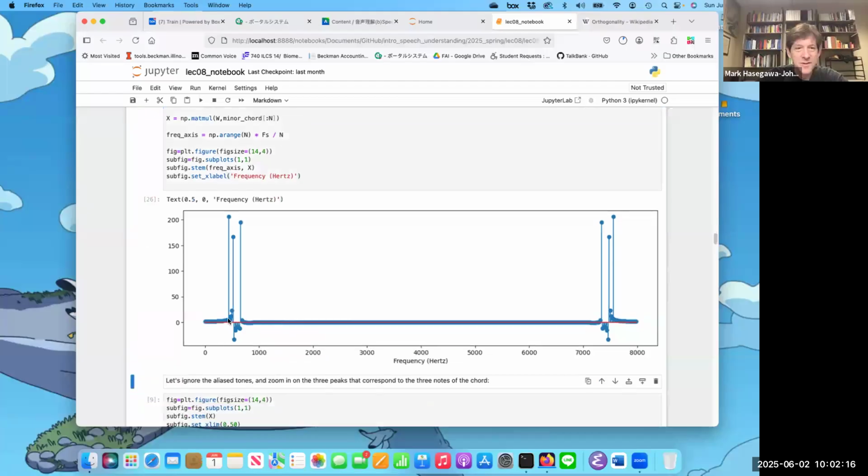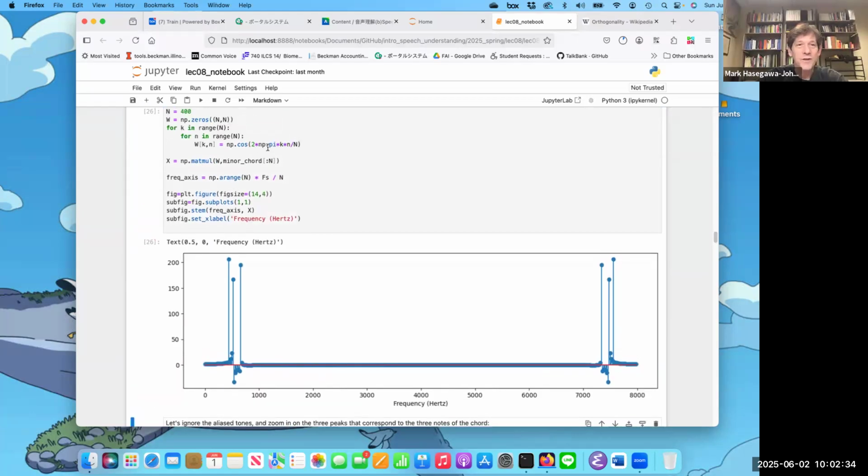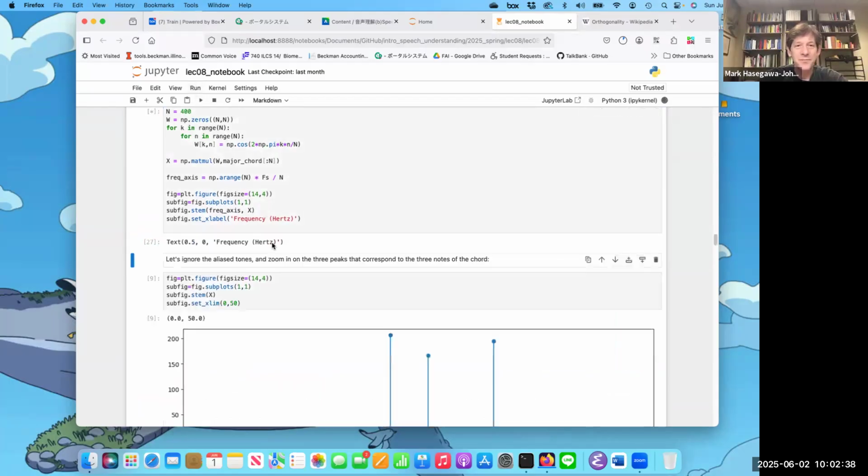So it says the frequency in hertz, this frequency is at about, well, it's a little bit less than 500, so about 440. This frequency is right about 500 hertz, so that's the C note, or the B note actually. And this frequency is right about 600 hertz. Actually, if I plot the major chord, I should have exactly a middle C in the middle. Let's take a look and see if that works.